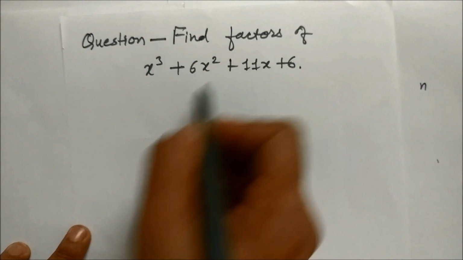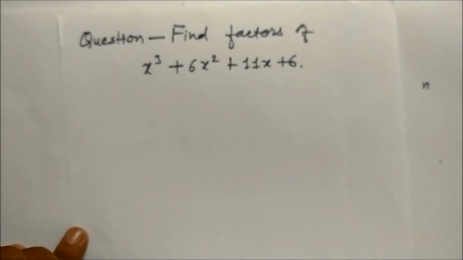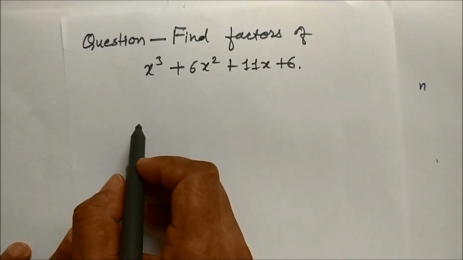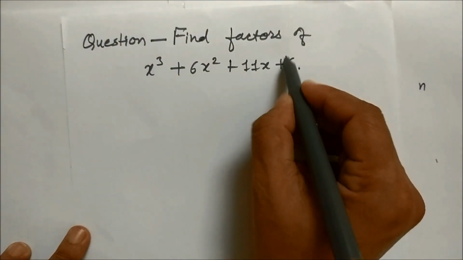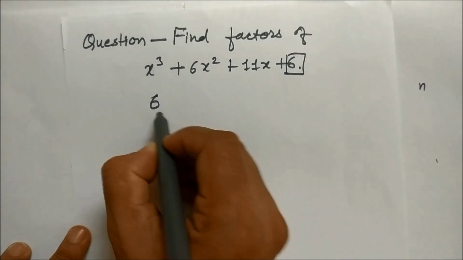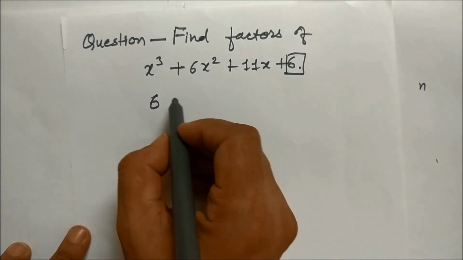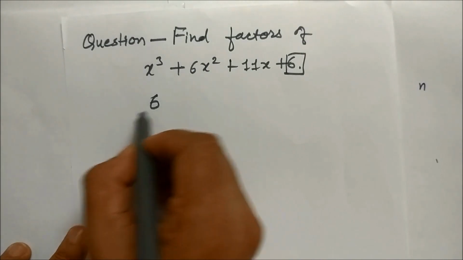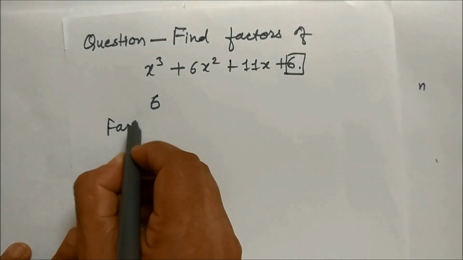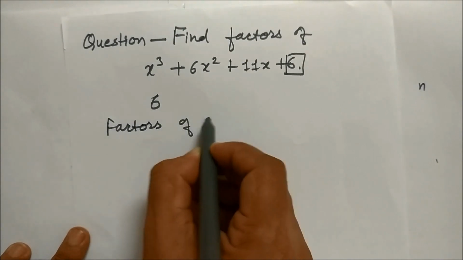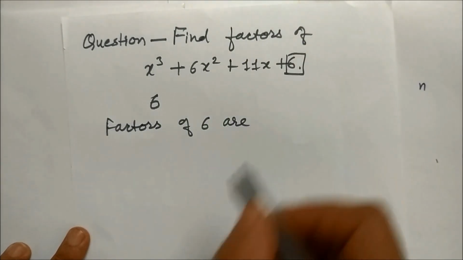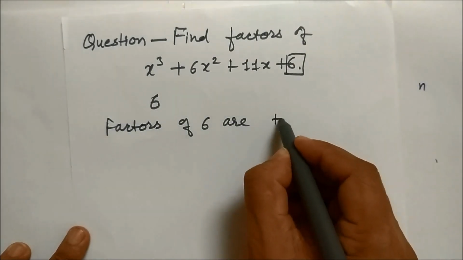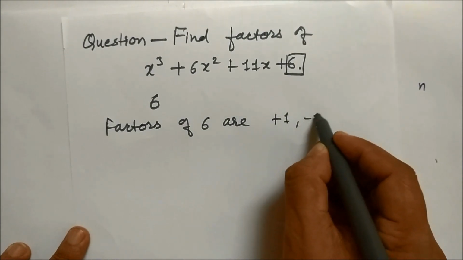Question is here, find factors of x cube plus 6x square plus 11x plus 6. And for finding factors we will take here constant number and we find factors of this constant number. So factors of 6 are: 6 is divisible by plus 1 as well as minus 1.